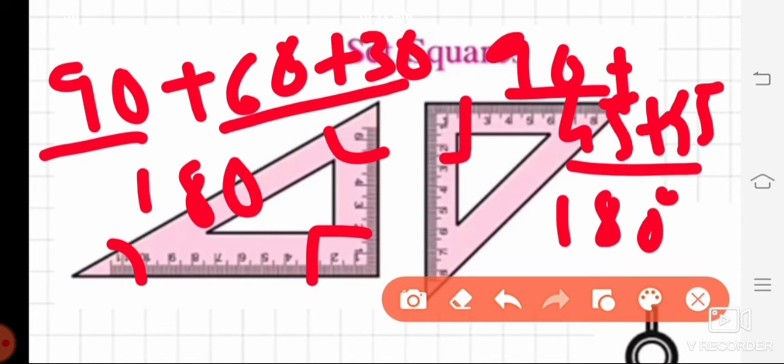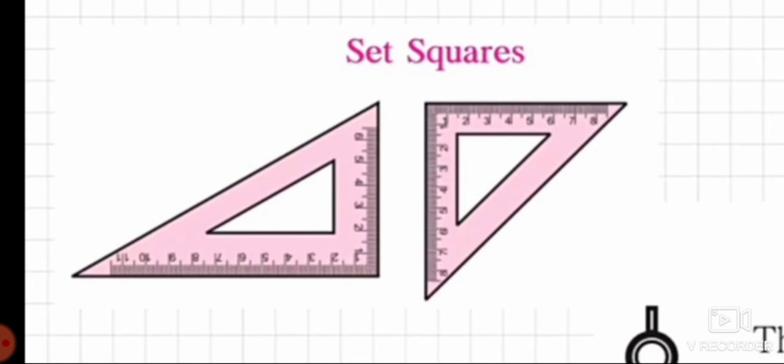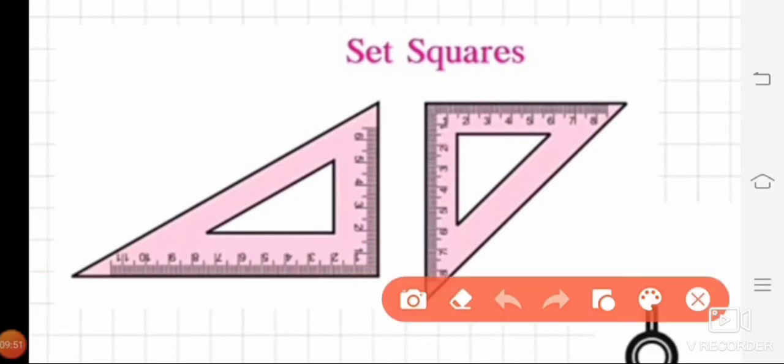Okay. Any triangle, if you take any triangle, are these the triangles? Yeah. So it is 180 degree, the measure of three angles. We'll study it in detail in the next lesson, the triangles lesson. But now just keep in mind that we have two set squares in our geometrical compass box.